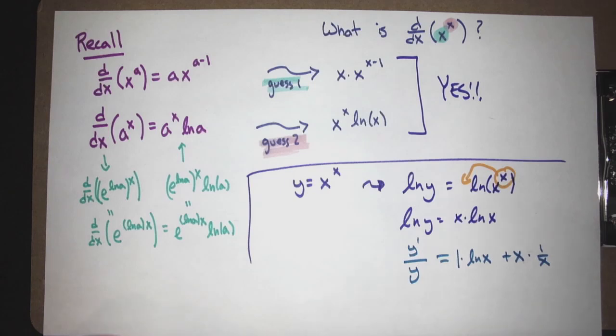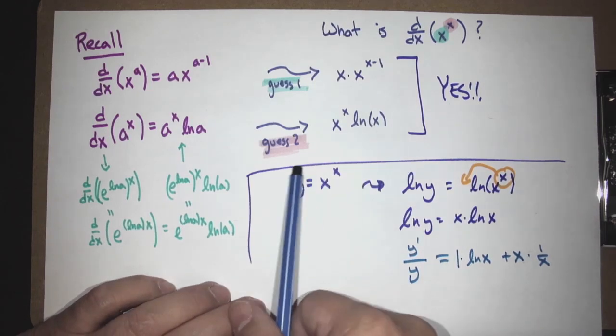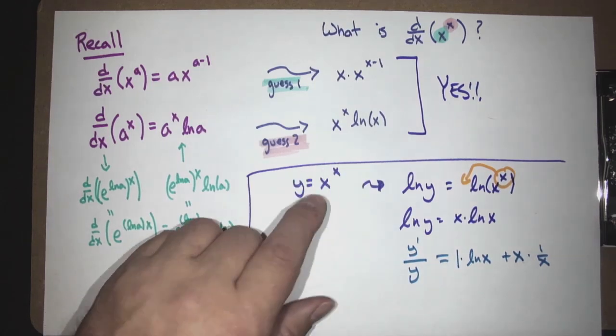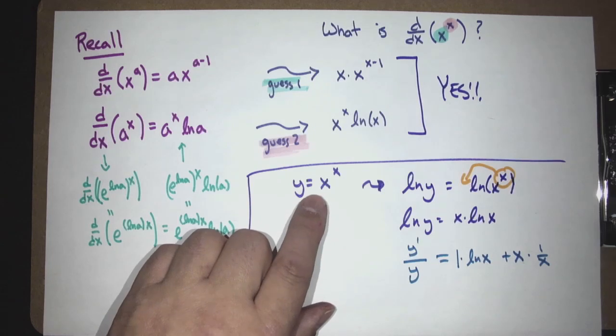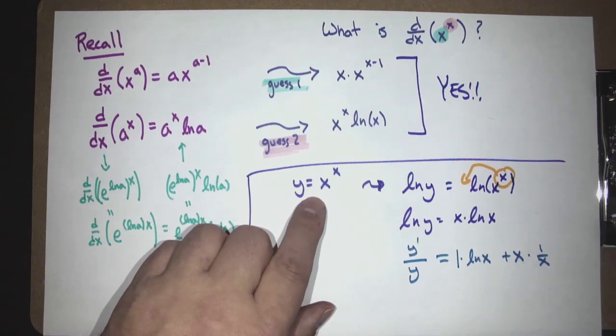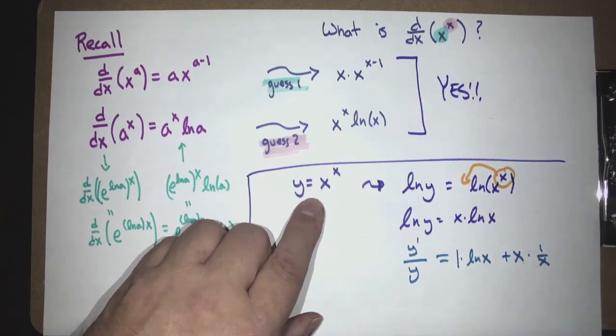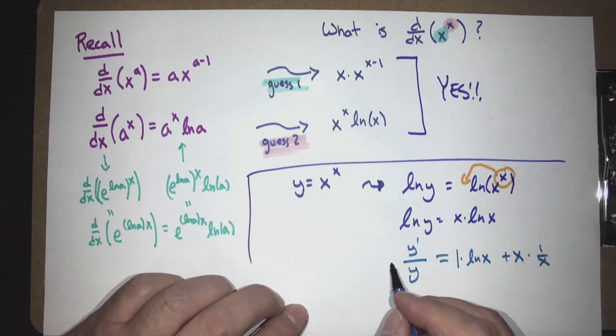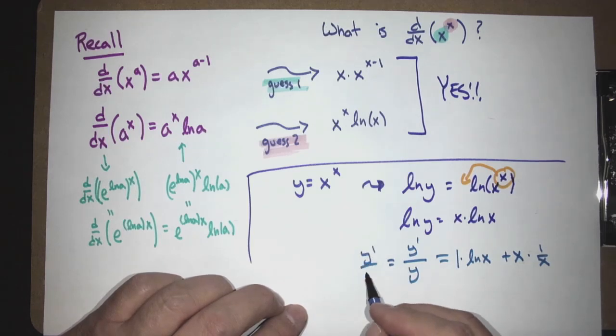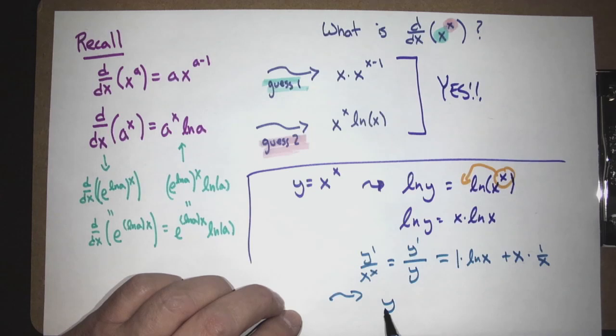Now, do we have another name for y? Is there anything at all we could call y? Oh yeah, we could call it x to the x. So this is y prime over x to the x equals all this. So that tells us that y prime, which is what we're after, that derivative, if you multiply it across, you're going to get x to the x log x.